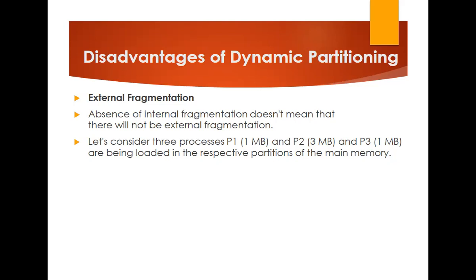So in dynamic partition, we don't have internal fragmentation, but we may still have external fragmentation. I mean, at the end of the memory, you may still have some unused space. I'm trying to say that.